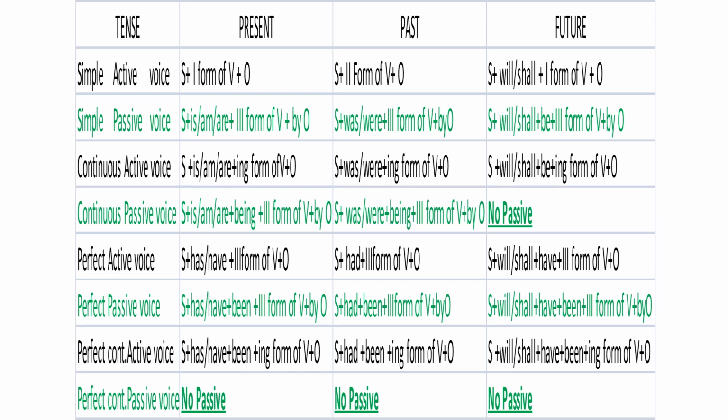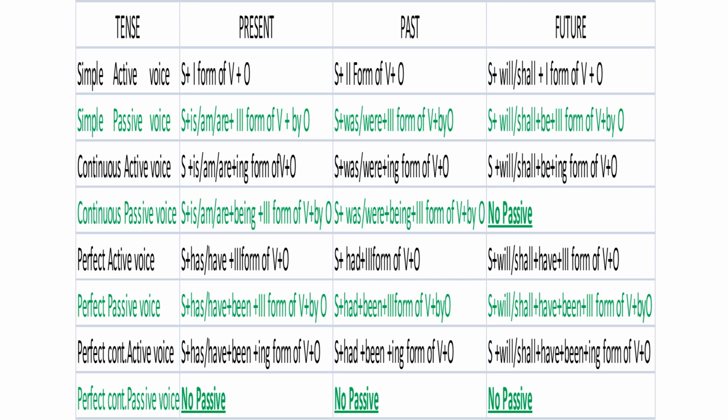Now, when we come to the present perfect tense, I am discussing only the structure of the passive voice. So, the structure will be subject plus has/have plus been plus third form of verb plus by object.